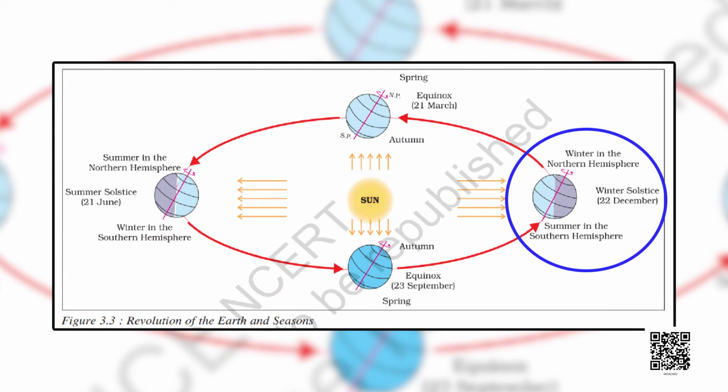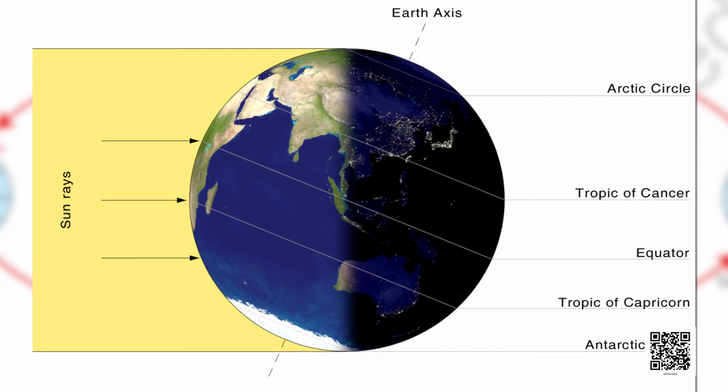On 22nd December, the Tropic of Capricorn receives direct rays of the Sun as the South Pole tilts towards it. As the Sun's rays fall vertically at the Tropic of Capricorn, 23.5 degrees south, a large portion of the southern hemisphere gets light.